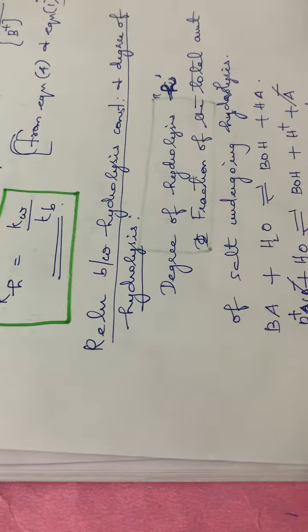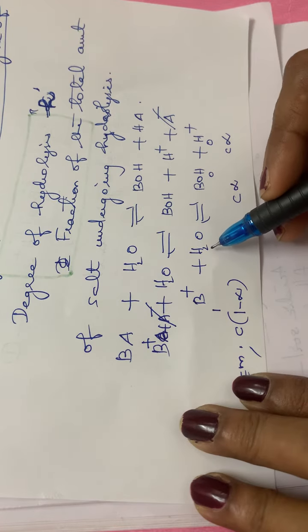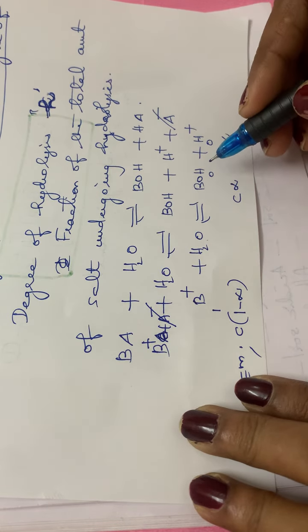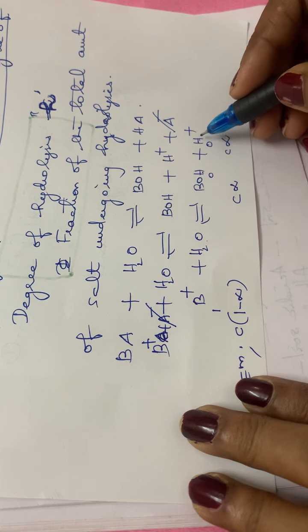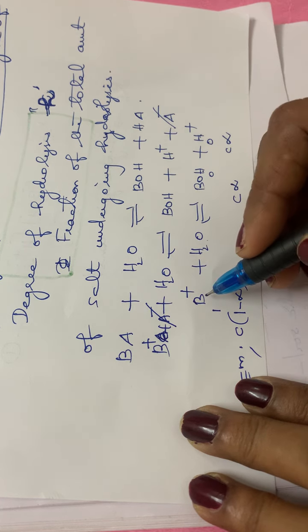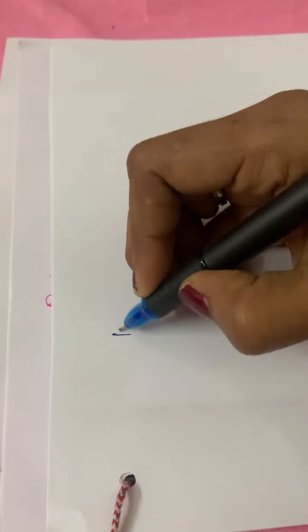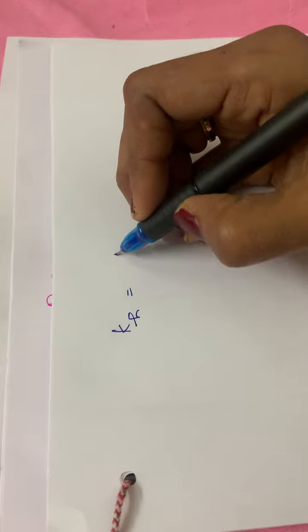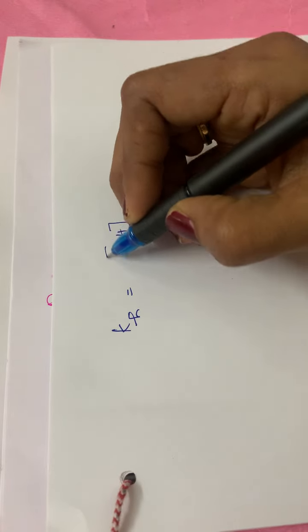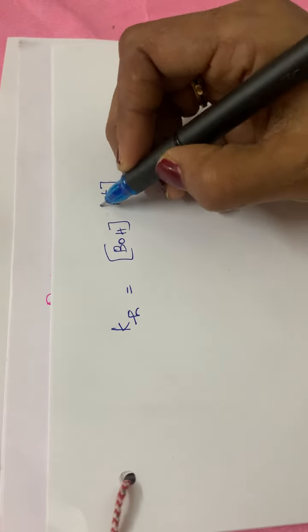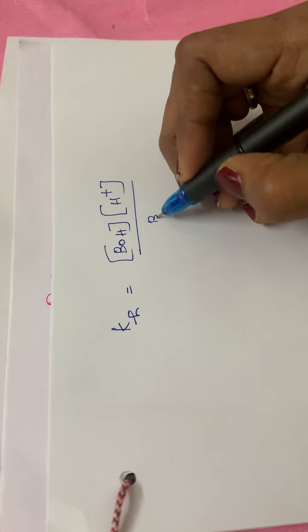As you know, what about KH? From this equation we can write KH is equal to concentration of BOH into concentration of H plus divided by concentration of B plus.